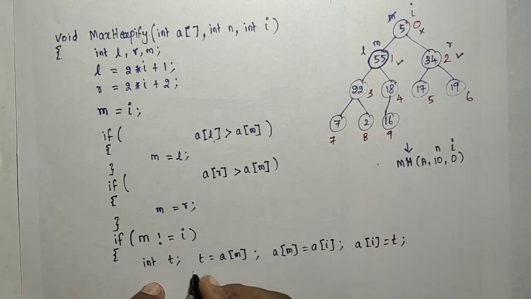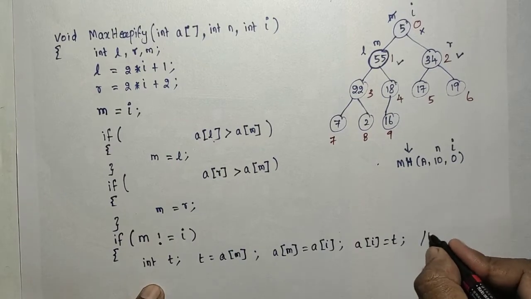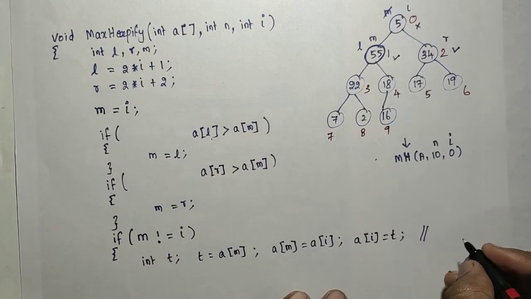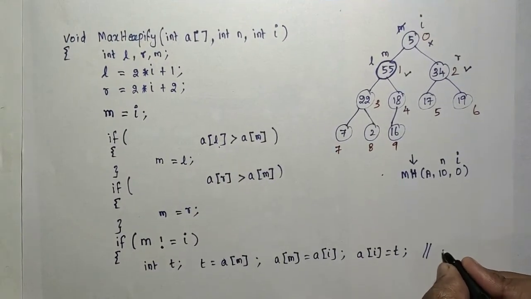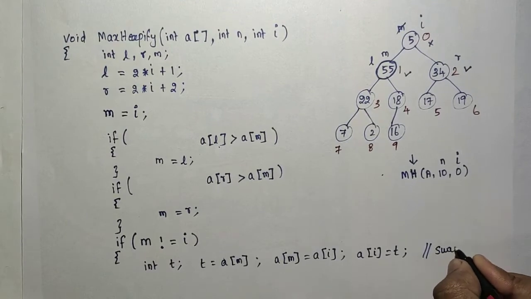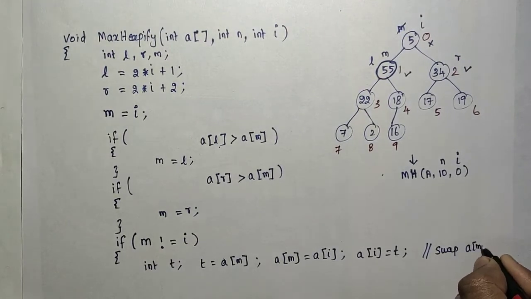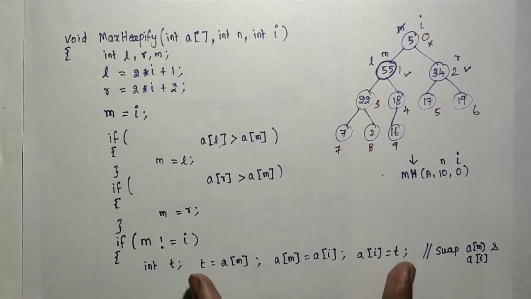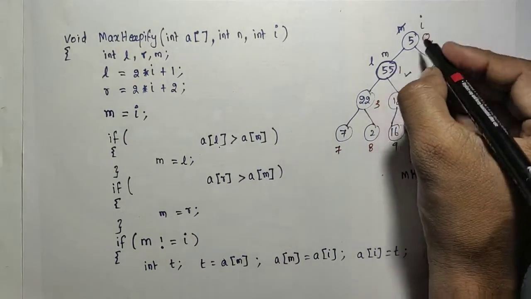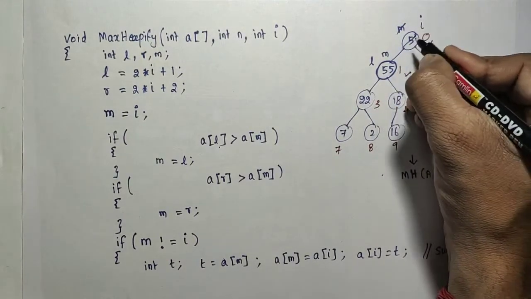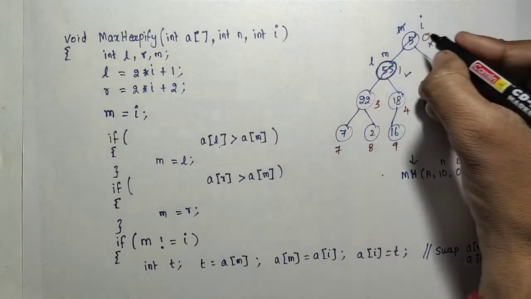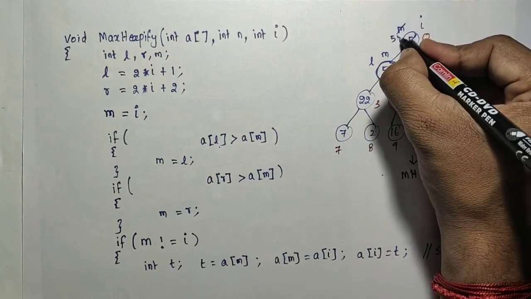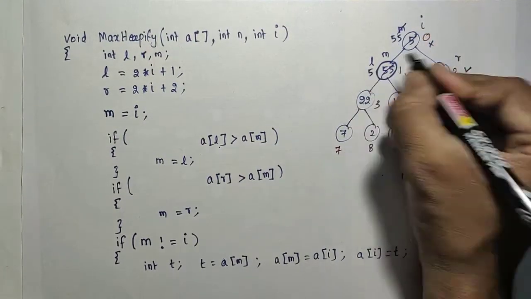This code is just swapping of A of M and A of I, the maximum value with the ith value. After swapping, the 5 and 55 will be swapped, so this will be 55 and this will be 5.